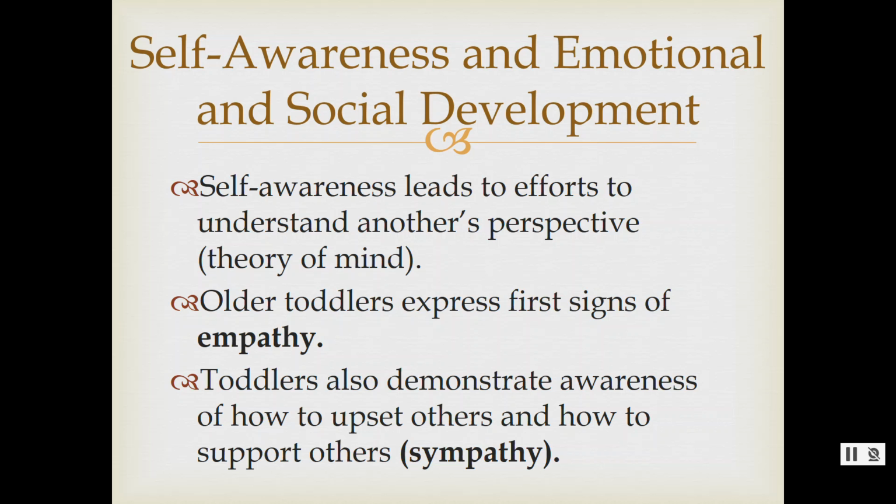Okay, so the other thing about emotions, and again, self awareness, is once we start to have an understanding that we're a self and start to understand our own feelings, then we can start to have an understanding about others' state of mind, right? And toddlers start to express signs of empathy.